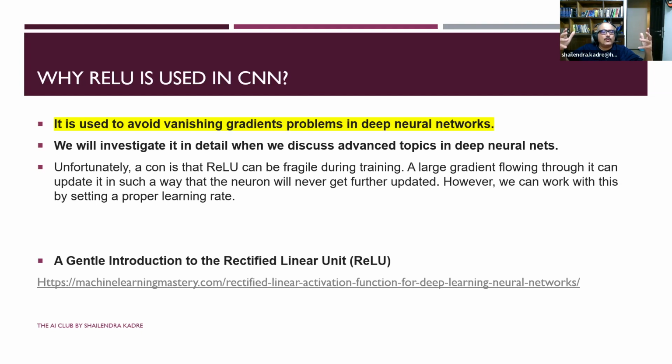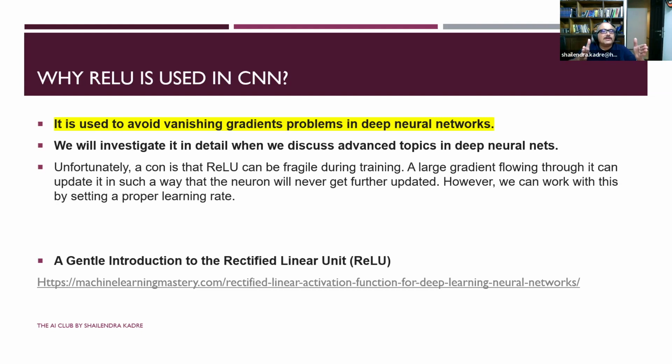We are not going too much into detail because these are very deep research problems. But understand that the advantage is that it avoids the vanishing gradient problem. The disadvantage is that if the gradient value is very large, further updating of that neuron or ReLU may not take place. We can avoid this problem by using a proper learning rate in the neural network.